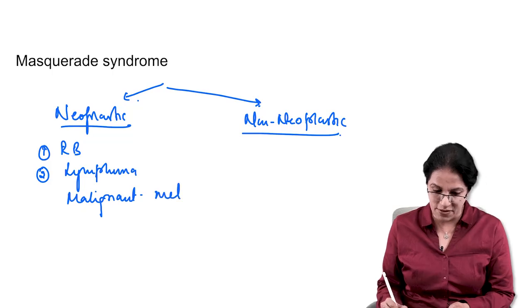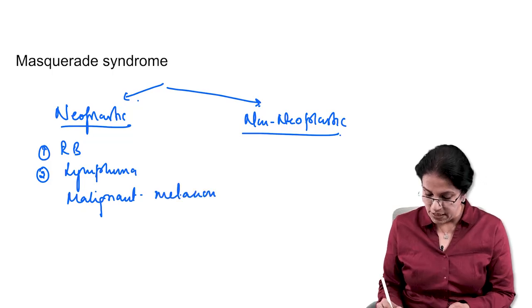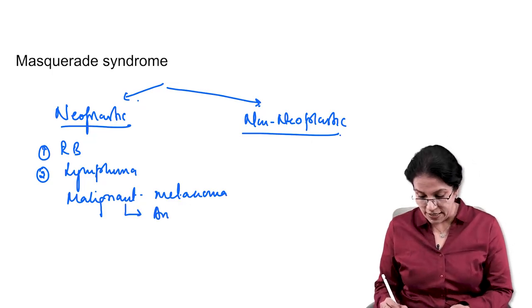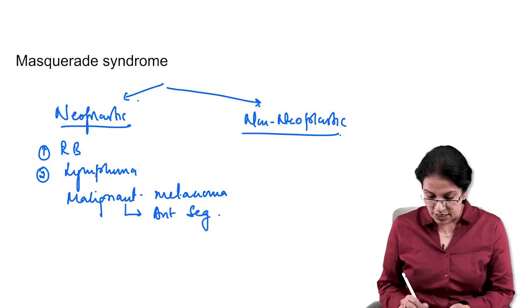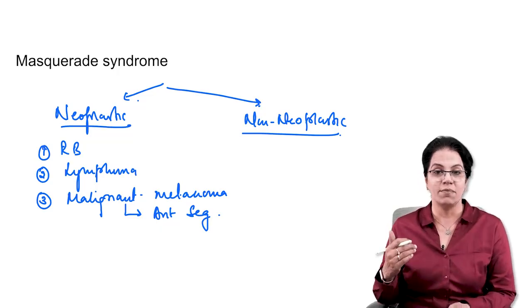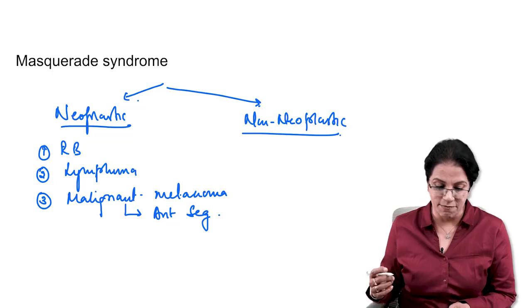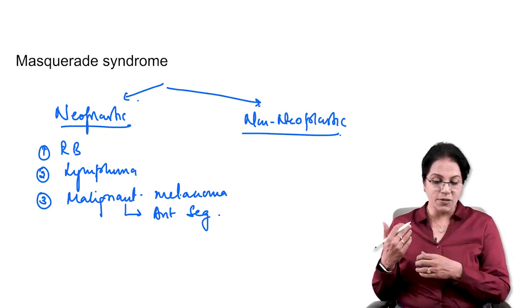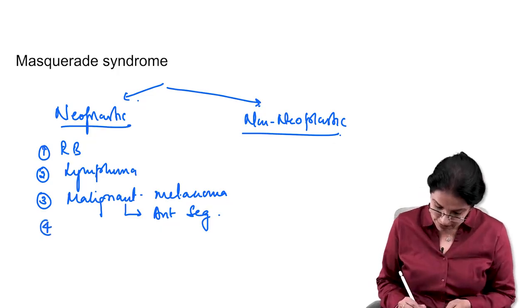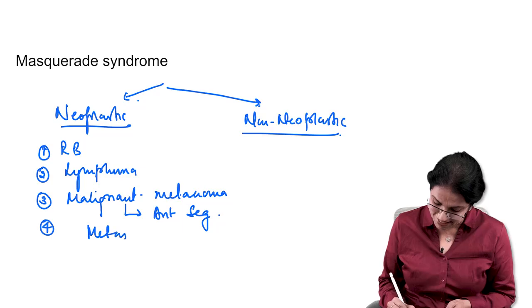It means only this, okay? When you're saying malignant melanoma, you mean mainly involving the anterior segment, right? Which can mimic. We have to understand that these conditions will mimic and the picture can be like uveitis. And of course one more if you want to add is metastasis. Don't mug it up, just understand.